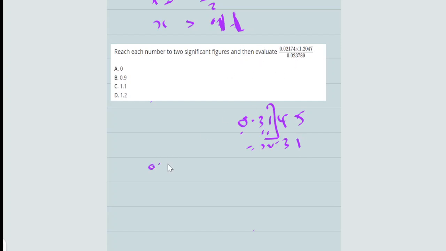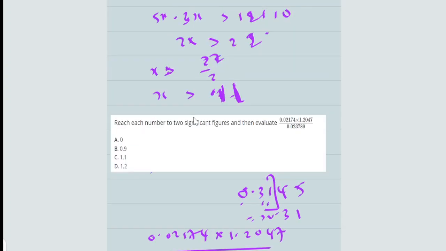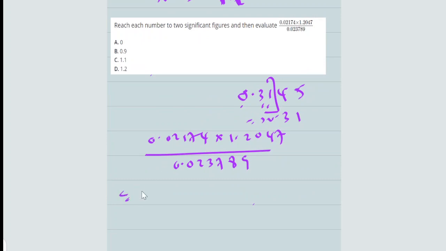So we have 0.02174 multiplied by 1.0247 divided by 0.0023789. Okay, let us convert this to two significant figures. If you convert the first one to two significant figures, what do I have?